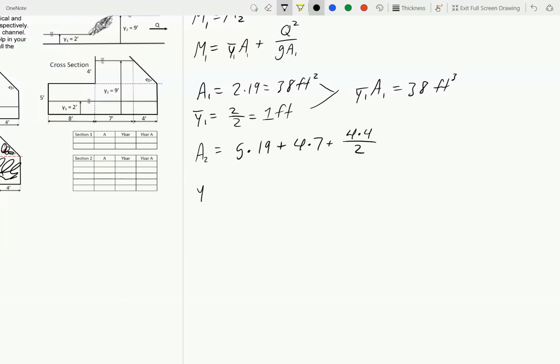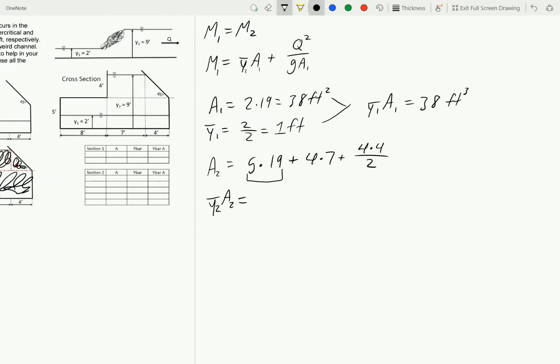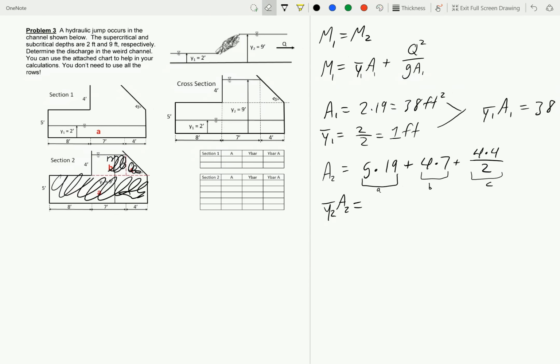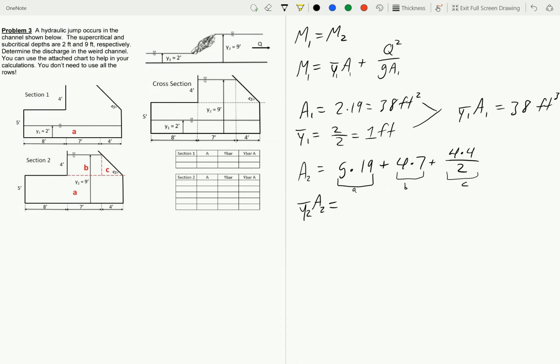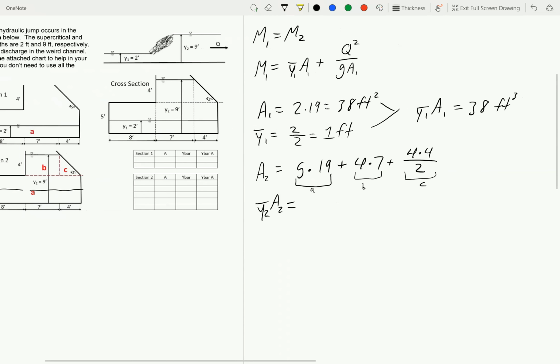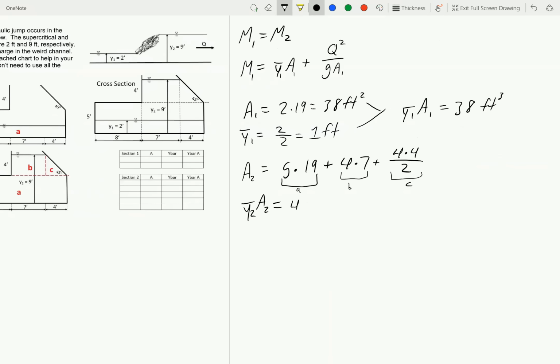So, y bar A of section 2 is going to be, since this part right here is for part A, this part is for part B, and this part is for part C, we need to take the distance from the top of the water to the centroid of section A, which is in the middle here. So that's going to be 4, this distance here, plus half of 5. So we have 4 plus 5 over 2, all times this A portion right here.